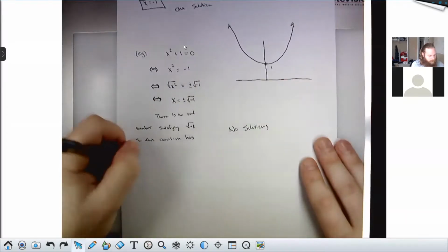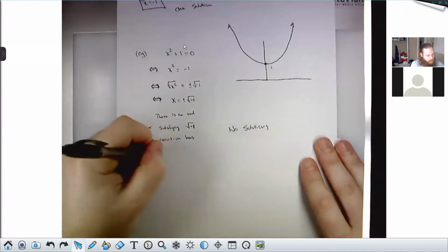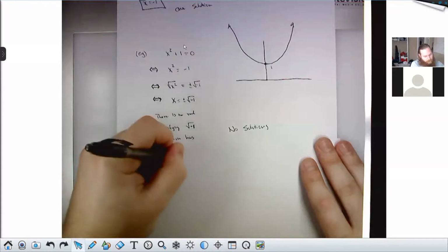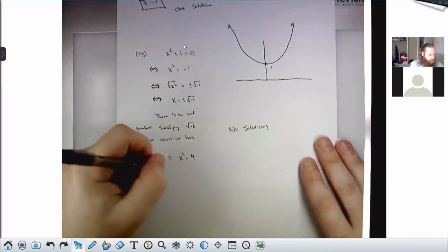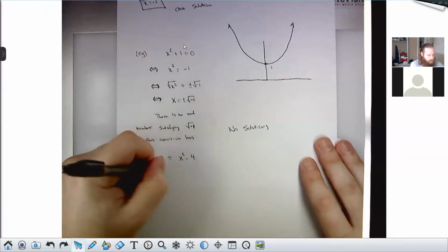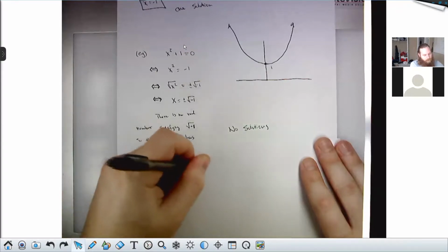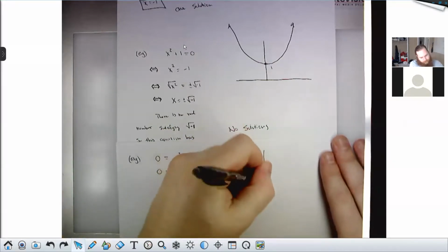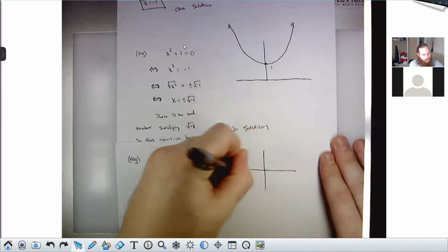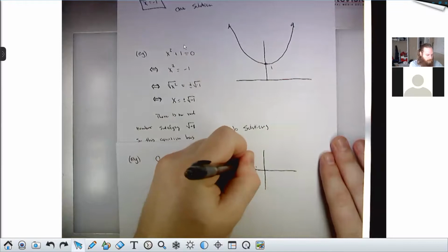I can take something like 0 equals x squared minus 4. And this is the same as 0 equals x minus 2 times x plus 2. That's that difference of squares trick again. So the quadratic here has a graph looking like this.